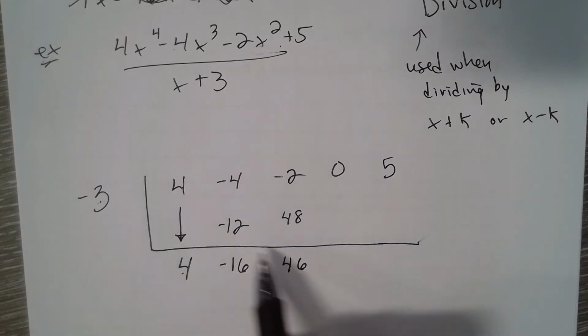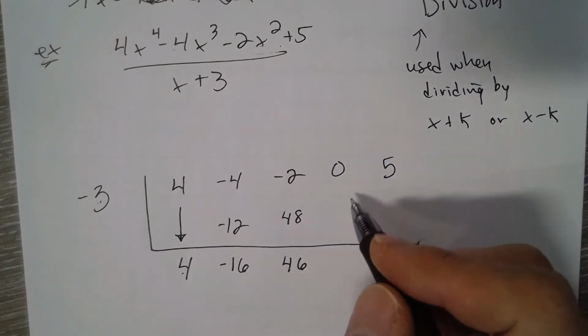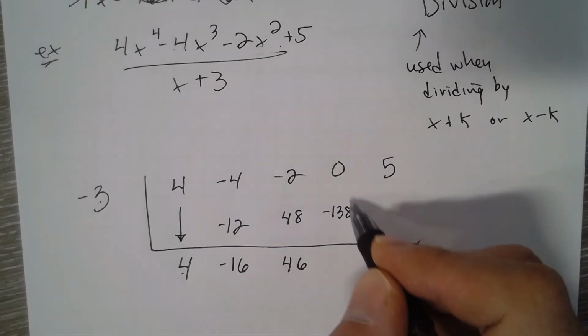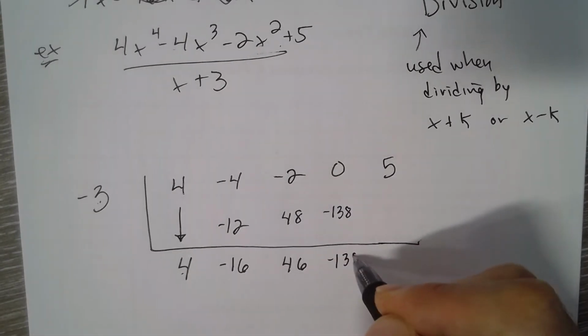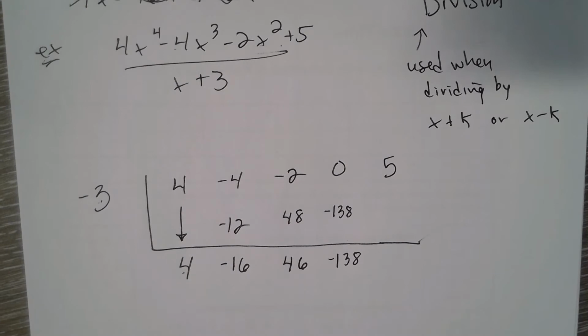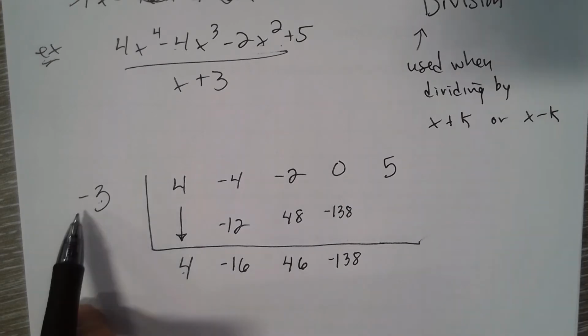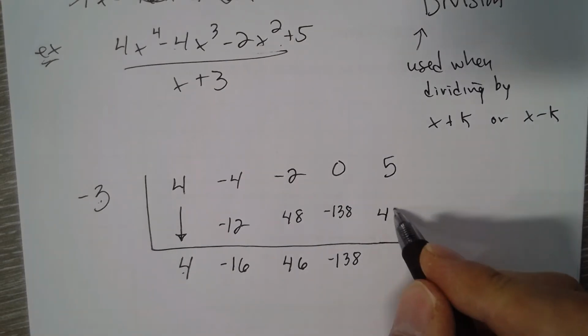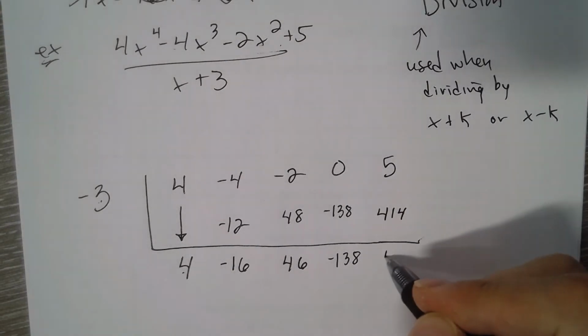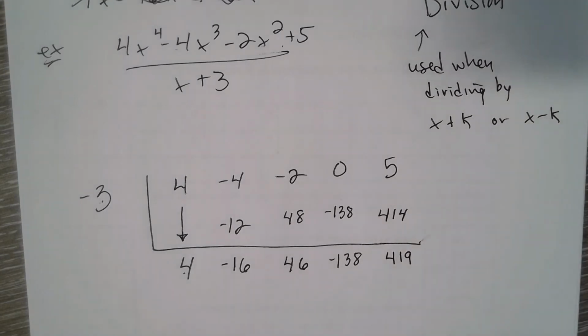So multiply, you get a 138, and we add. We multiply, and we add. So it's a series of just multiplyings and adds. Don't subtract like polynomial division, you add.